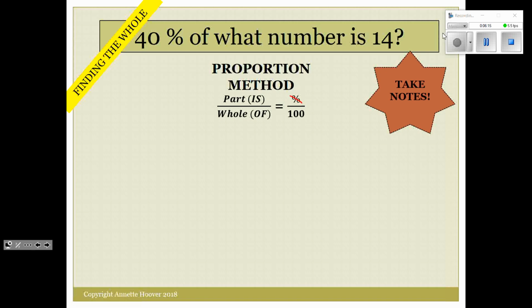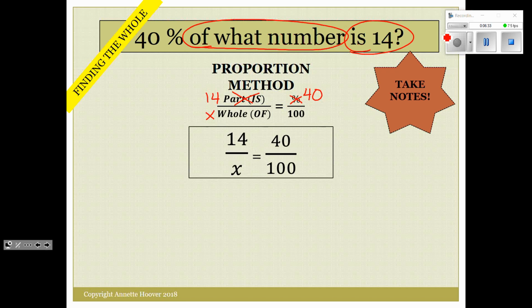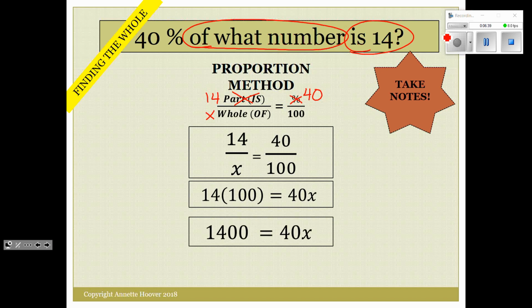40% of what number is 14? So in place of the percent, we're going to put 40. Of what number? So we don't know the of. So that is our unknown number. Is 14. So in place of the is, we put 14. So we have 14 over x equals 40 over 100. Again, we do our butterfly wings, and we have 14 times 100, which is going to be 1,400 equals 40x.